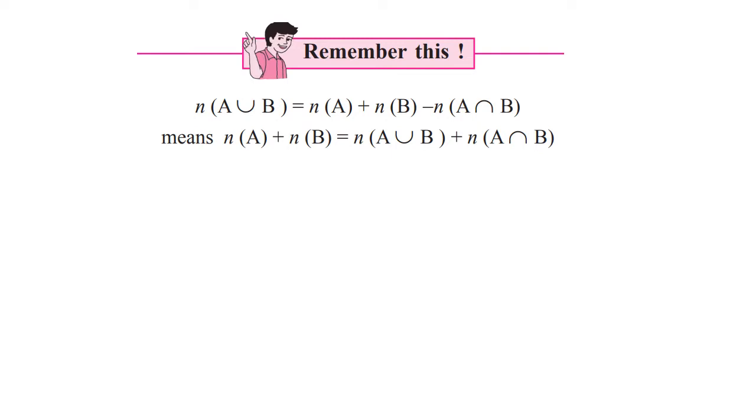You can use any method of your choice, but if the method is mentioned in the question, then you have to use that method. For example, if they say solve the following problem by using a Venn diagram, then you need to solve it by using a Venn diagram. So you should know both methods. Nearly all the problems I am going to solve by both methods.